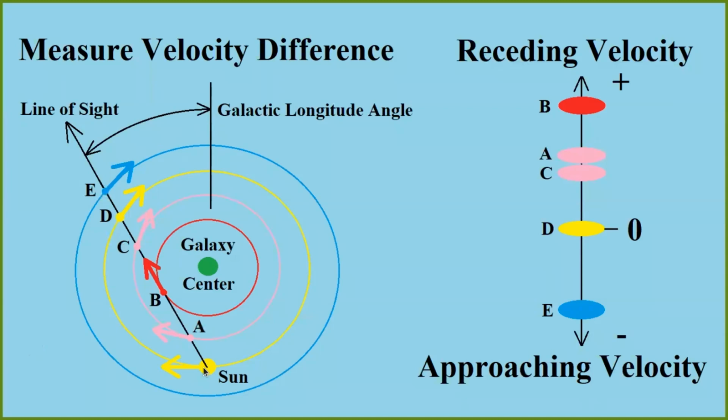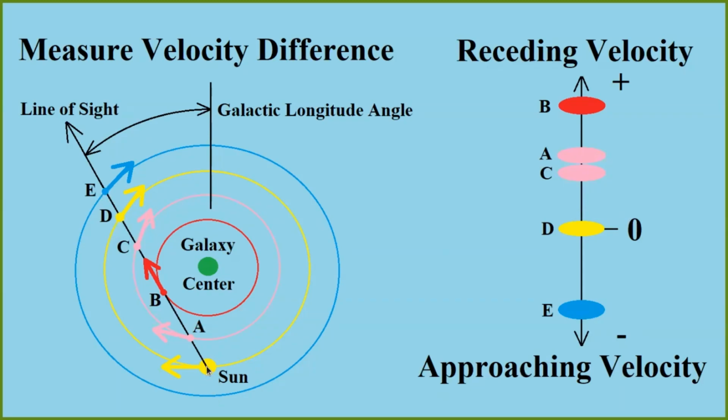Let's study the sun first with its radius from the galaxy center. Along the orbit, there must be some gas far away that is also at the same radius from the galaxy center. And it must be traveling at the same speed around this racetrack as the sun is.